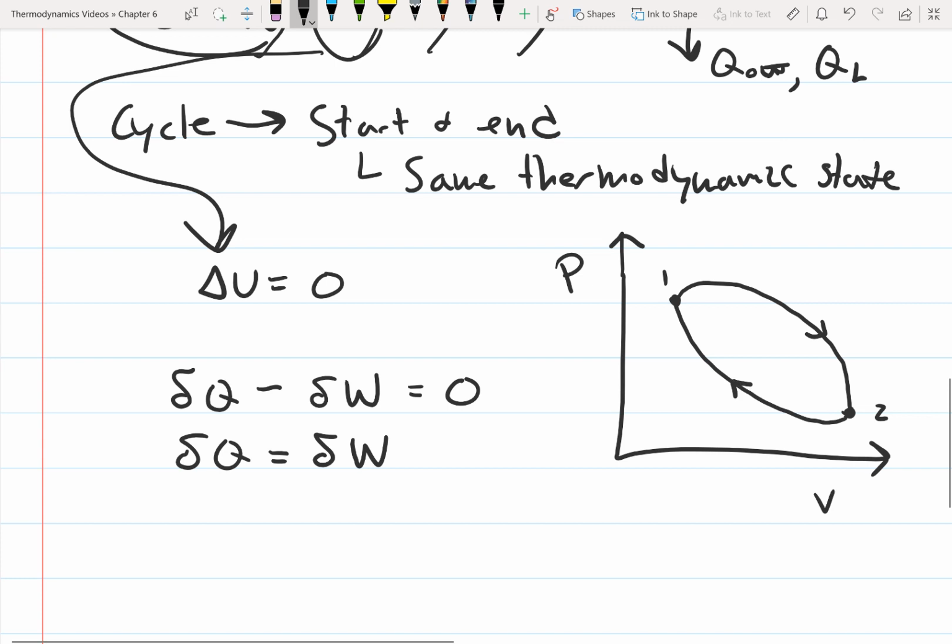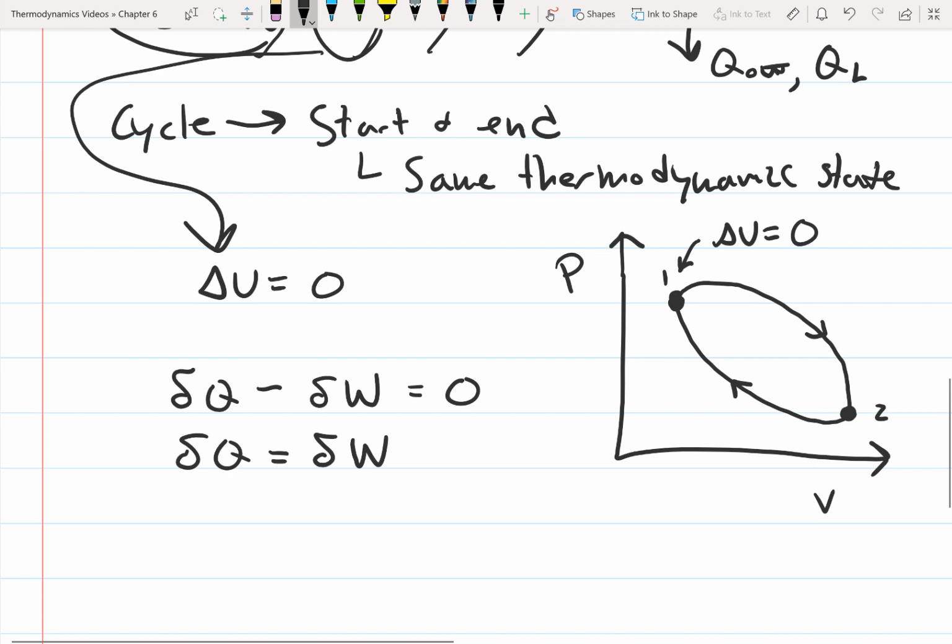So this is a thermodynamic cycle. We begin and end at the same state. And so that's why delta U is equal to 0, because delta U only relies on the state here and the state here. If our beginning and ending states are state 1, that means that the change in internal energy is 0.